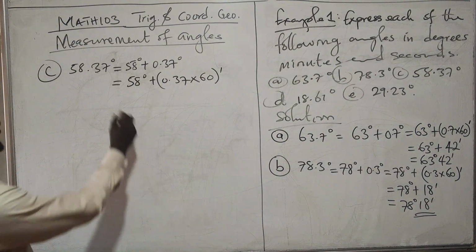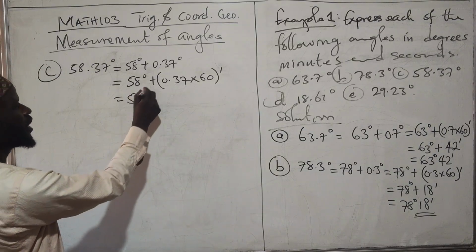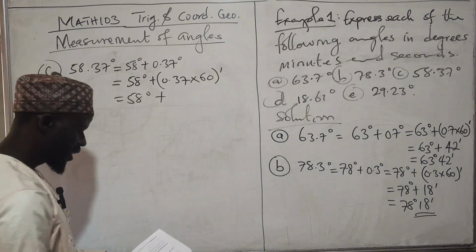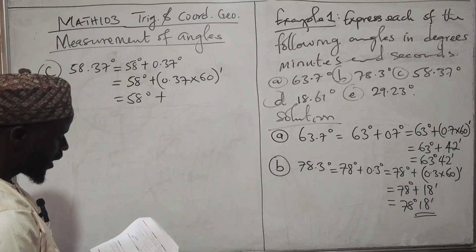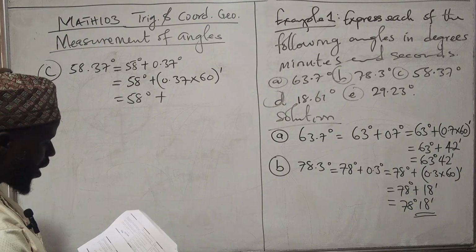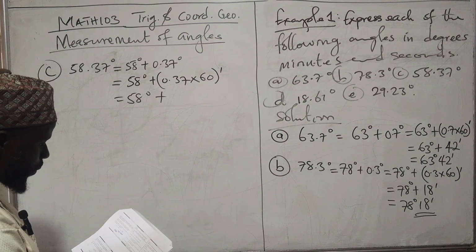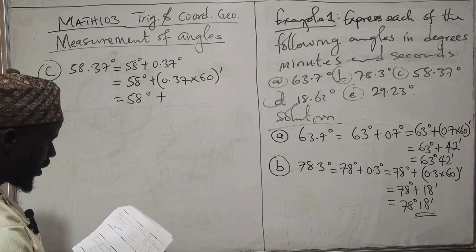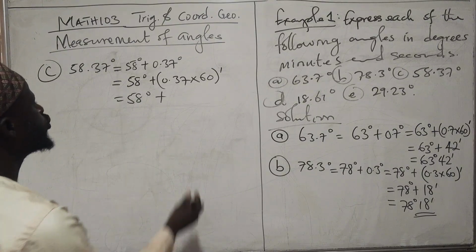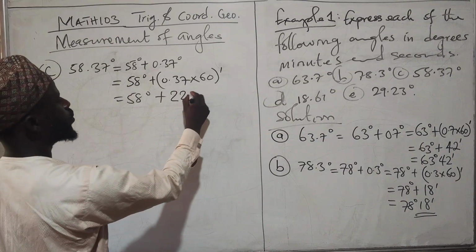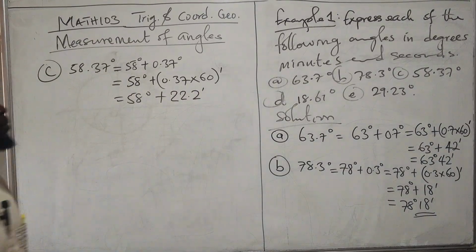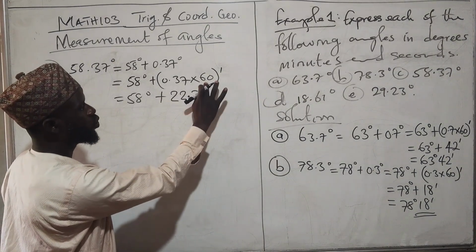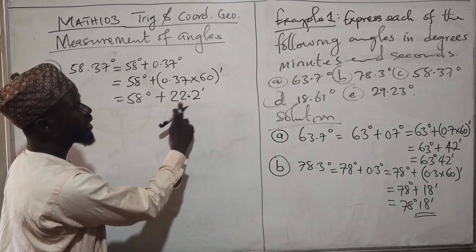Upon punching a calculator, that is going to leave you with 22.2 minutes. You see, after converting this to minutes, we still have a decimal.